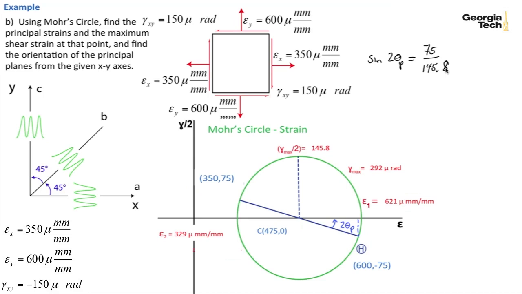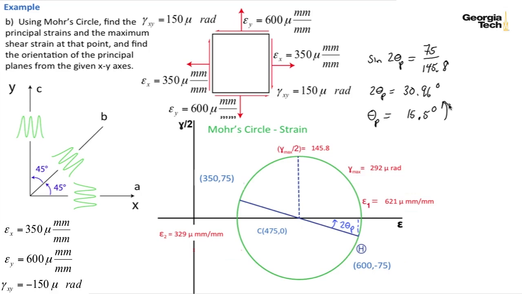And if you calculate that out, that gives you 2 theta sub p equals 30.96 degrees. That's twice the angle on the small block, and so theta sub p is equal to 15.5 degrees, and we're rotating counterclockwise from the horizontal face.